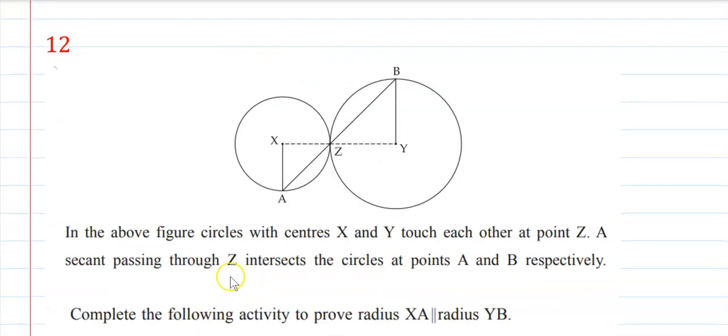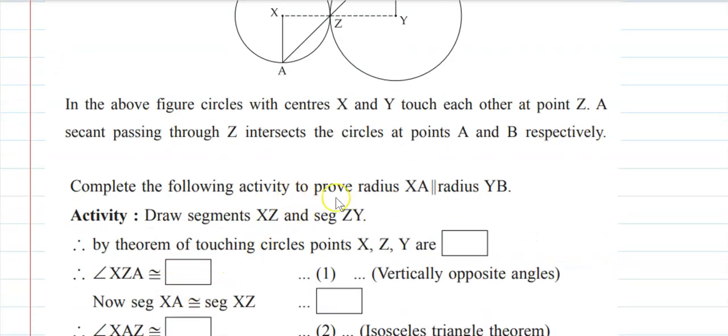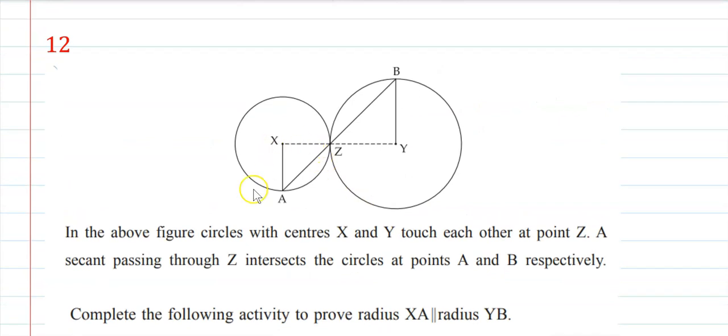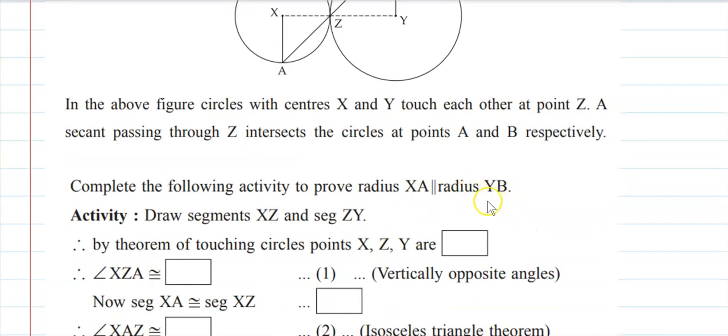Now the next activity. In the above figure, circles with center X and Y touch each other at point Z. A secant passing through Z intersects the circles at points A and B. This is the secant AB. Complete the following activity to prove radius XA is parallel to radius YB.